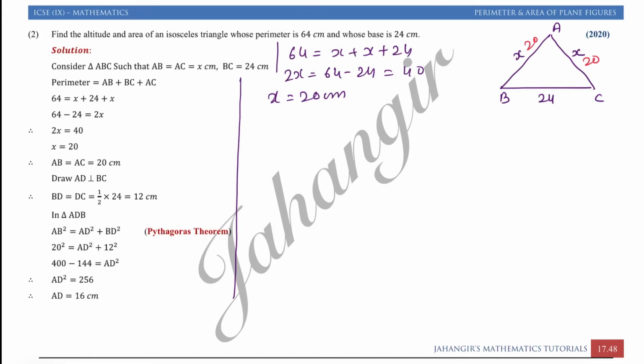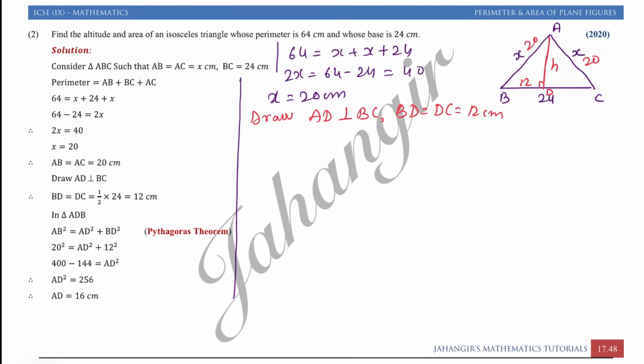Now we can find altitude first. So for altitude we will draw AD perpendicular to BC such that BD is equal to DC is equal to 12 centimeter. For an isosceles triangle, altitude divides the base. So now we will say this is 12.